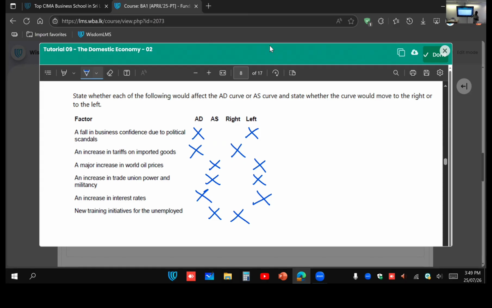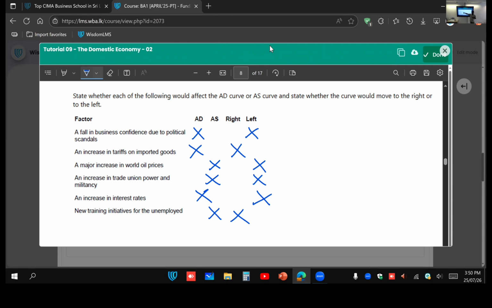When you put a tariff on whatever the goods you are importing, increase in tariff, what will happen to the imports? Imports, I'm asking. If the tariff is high, the people would buy less, so the imports would decrease. So that will lead to what?